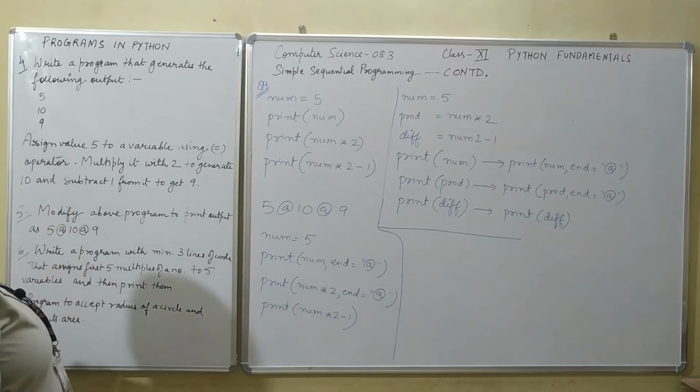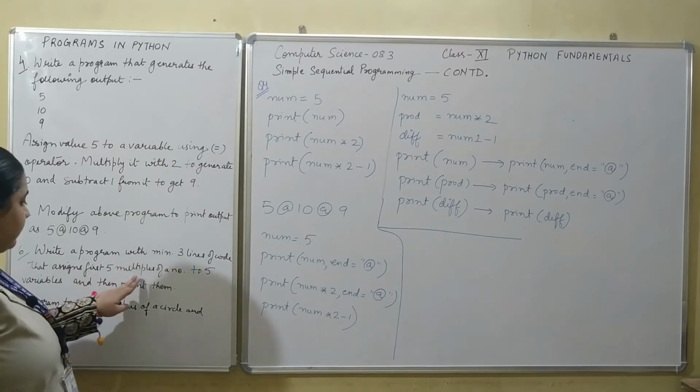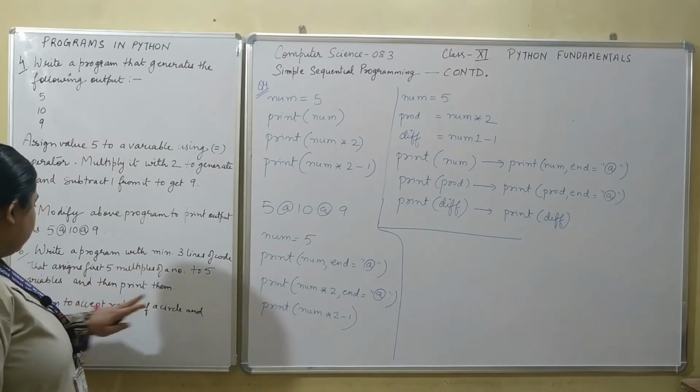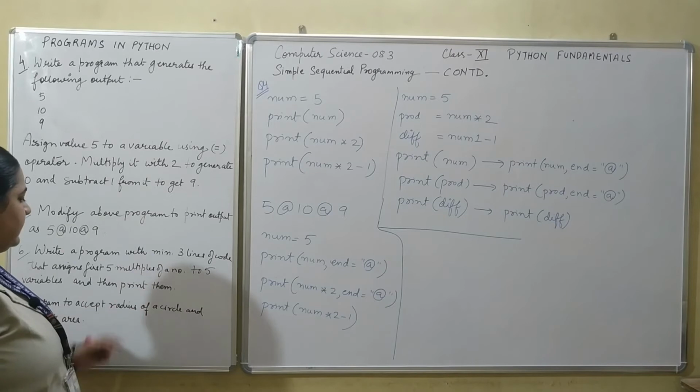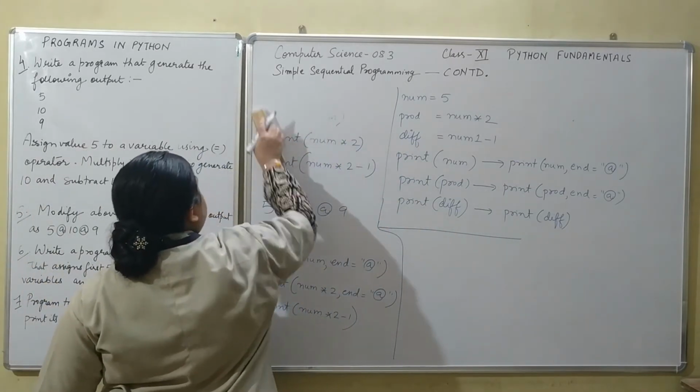Next is write a program with minimum 3 lines of code that assigns first 5 multiples of a number to 5 variables and then print them. So let's do this question now.